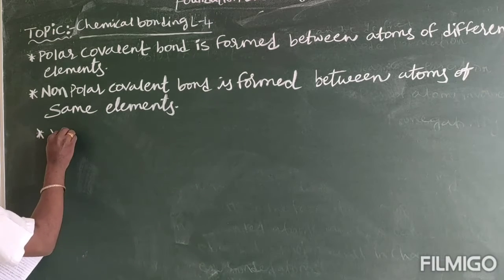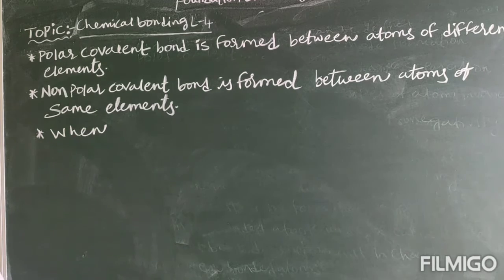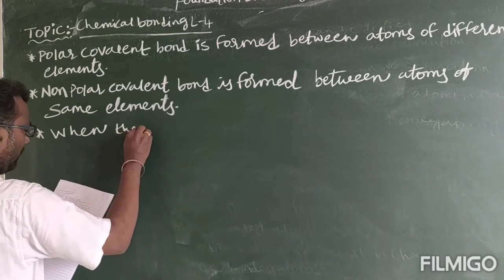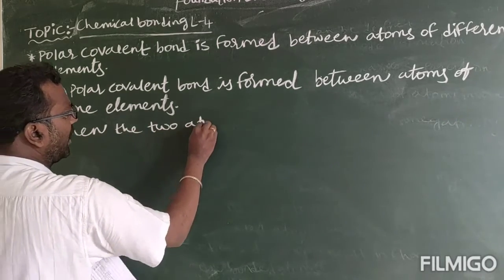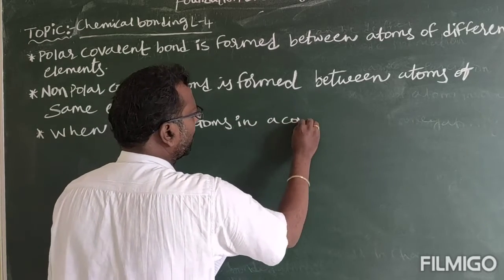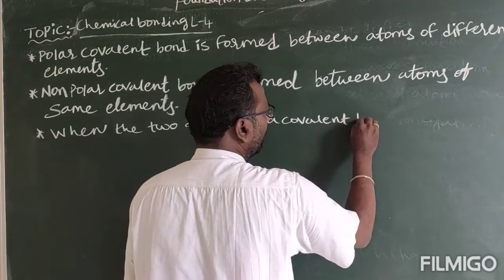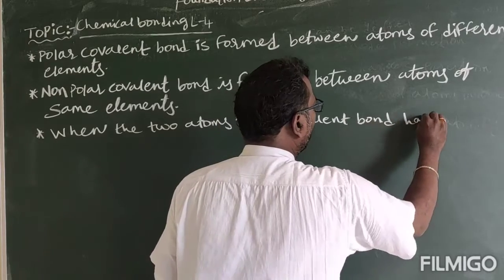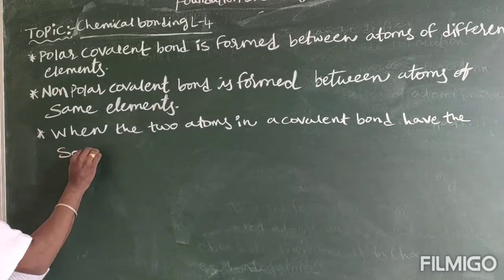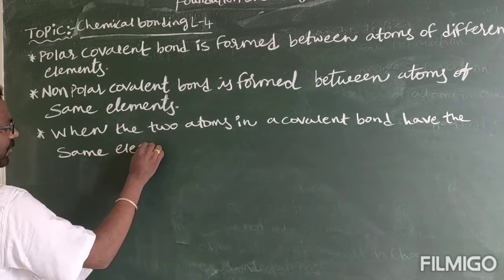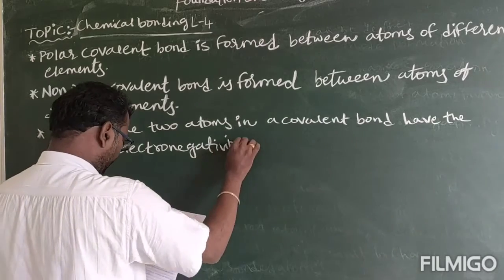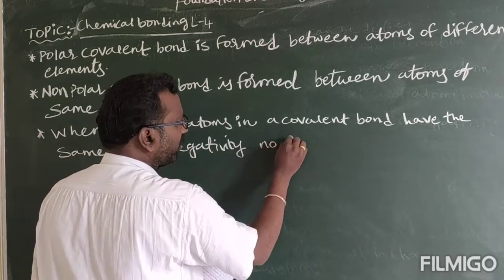Next, based upon the difference in their electronegativities. When the two atoms in a covalent bond have the same electronegativity, no dipole is formed.